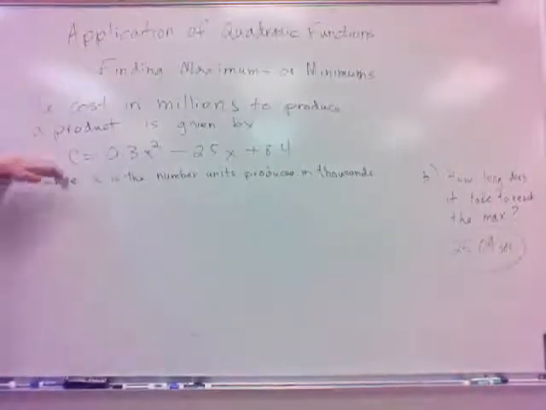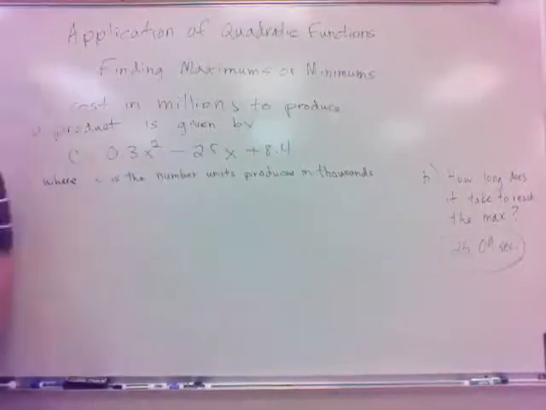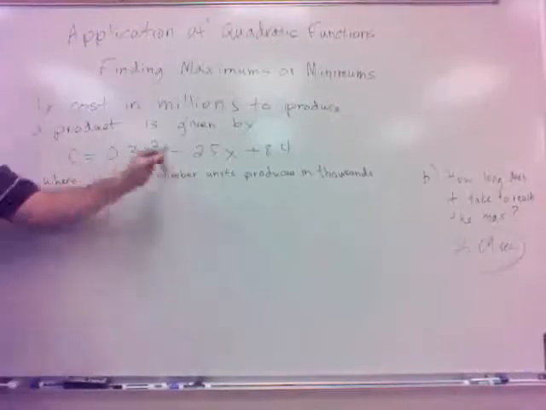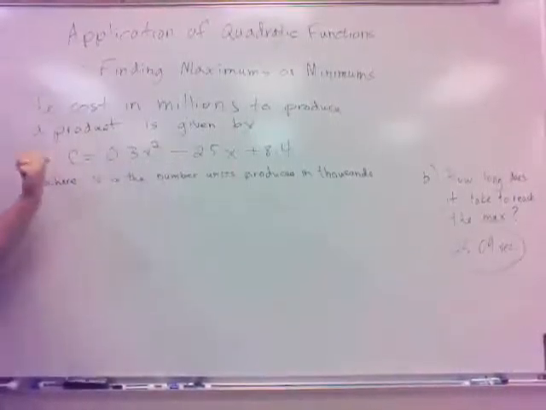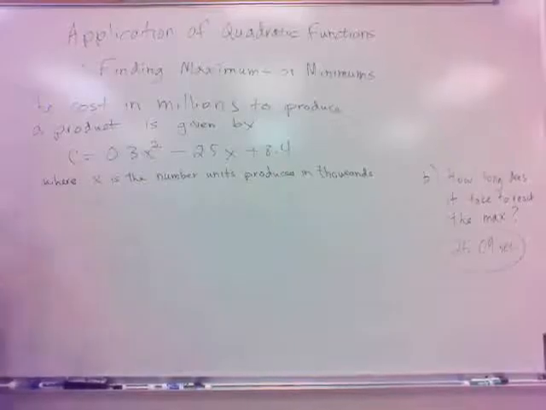So with this function, if we were going to produce 3,000 units, plug in x to be 3, and that would give us the projected cost to produce that in millions.